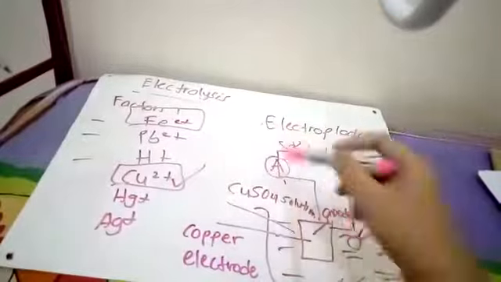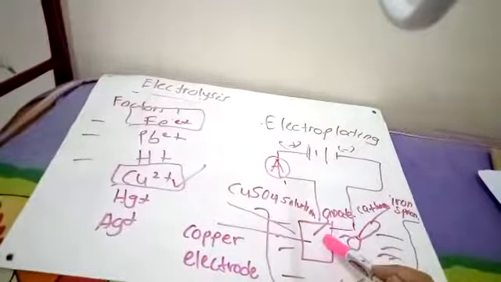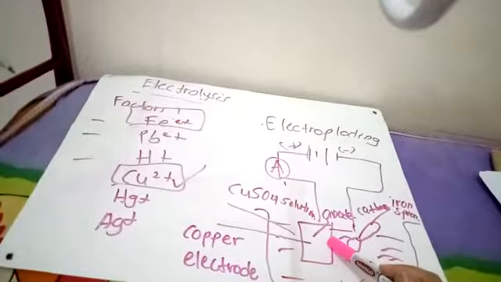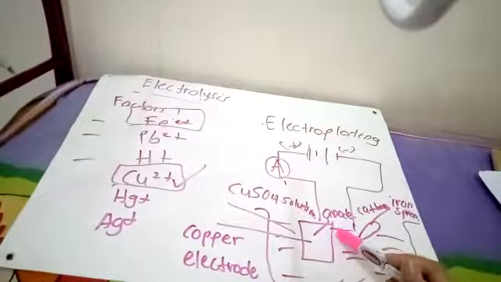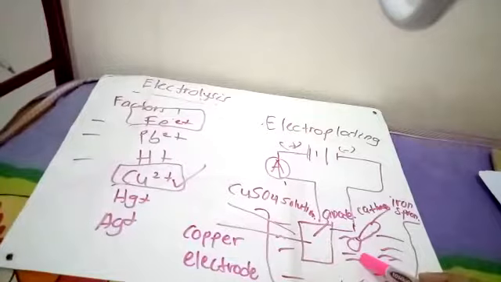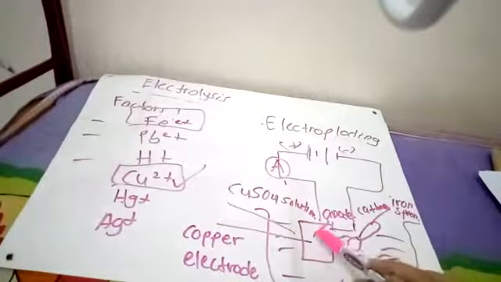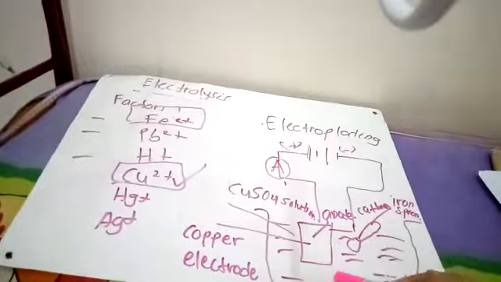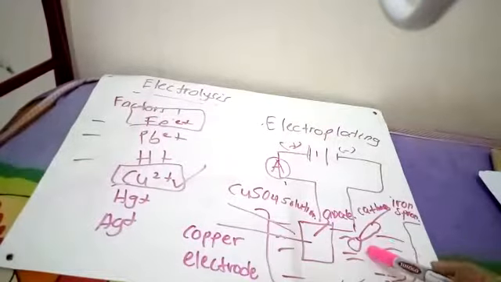So the copper at the anode will be eroded and dissolve in the CuSO4 solution and go to the cathode.